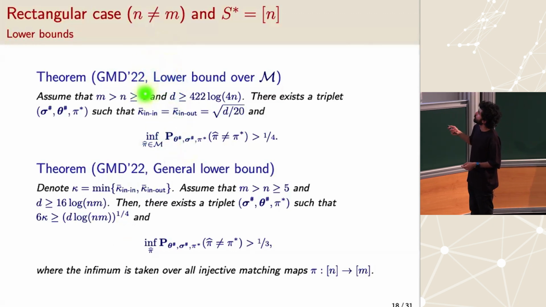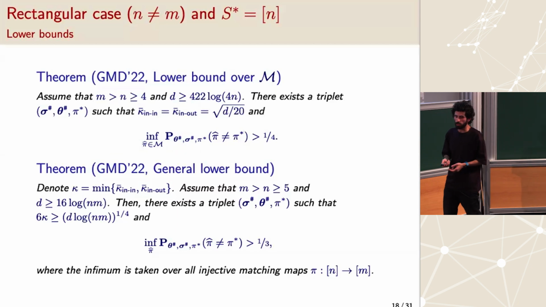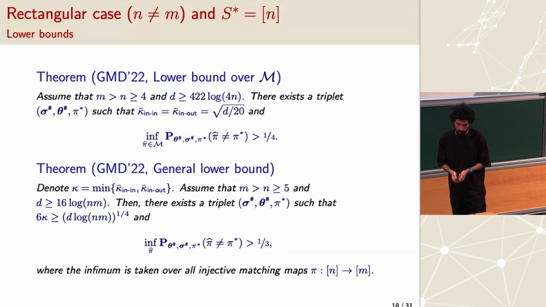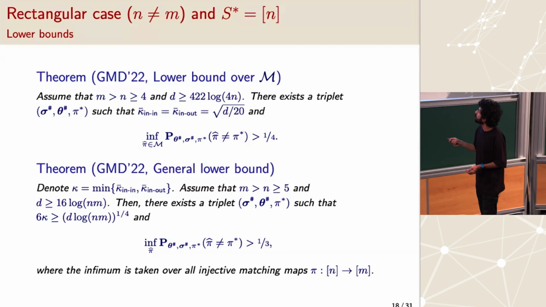Okay, and so this is the exact formulation of the theorem that shows that this rate is actually minimax optimal, and also the same holds for any estimator.